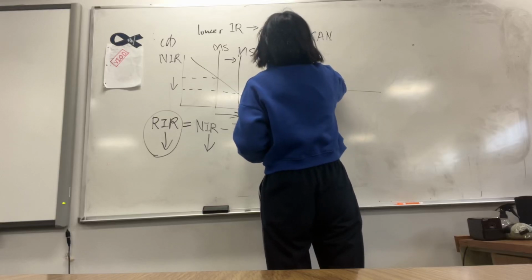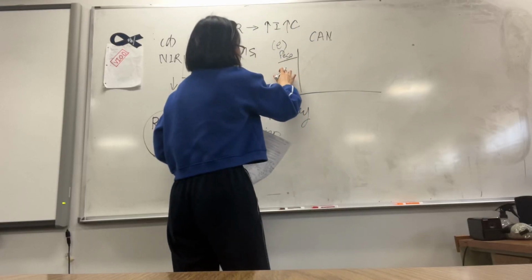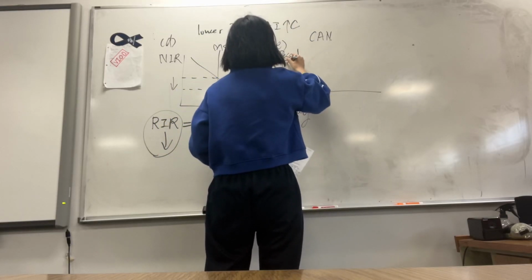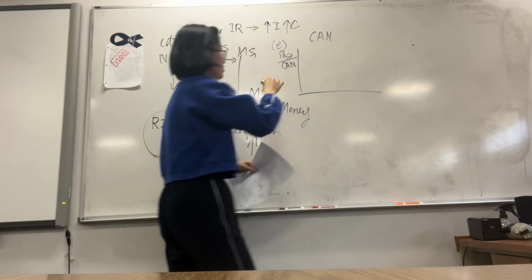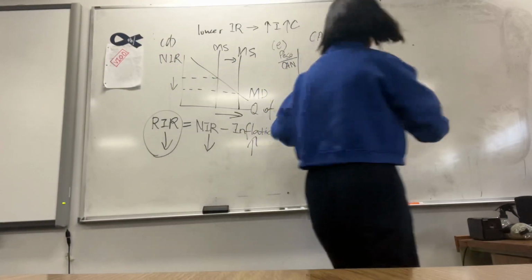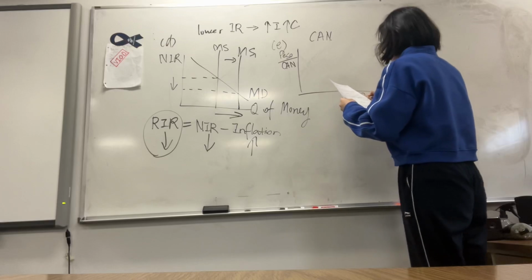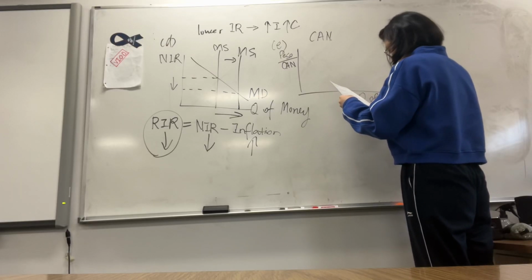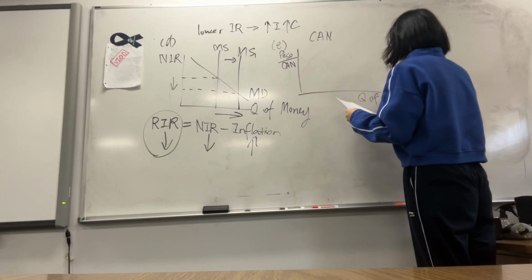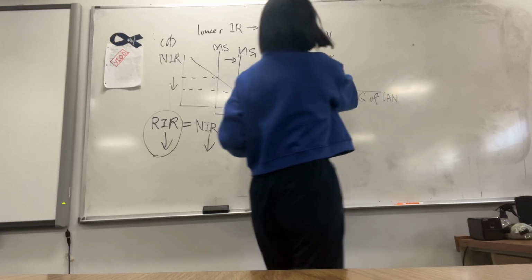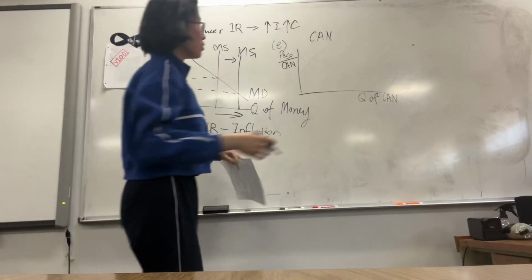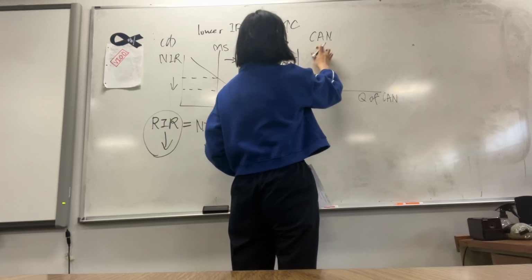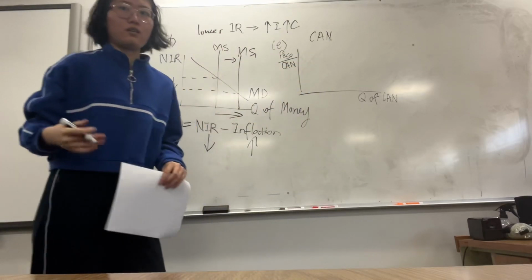So put the peso in front, and in the denominator put the Canadian dollars. And the x-axis is just the quantity of Canadian dollars, because we are graphing using the pesos to measure the Canadian dollars, which are our product.